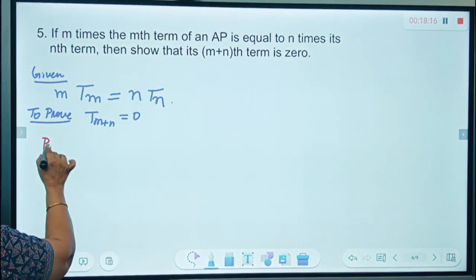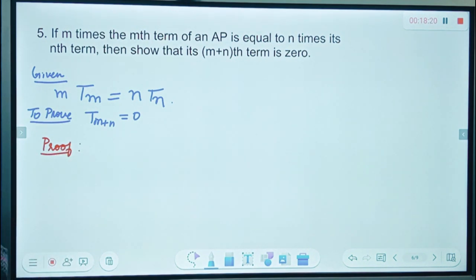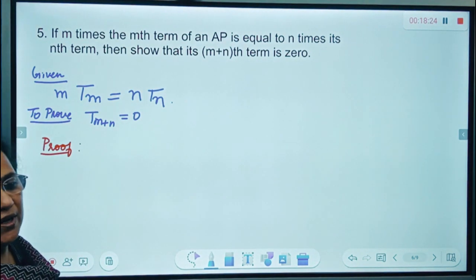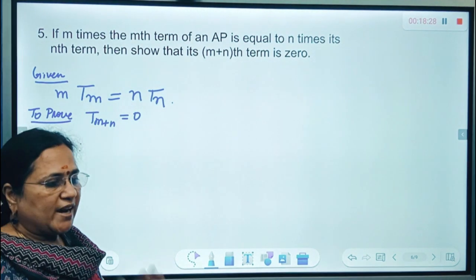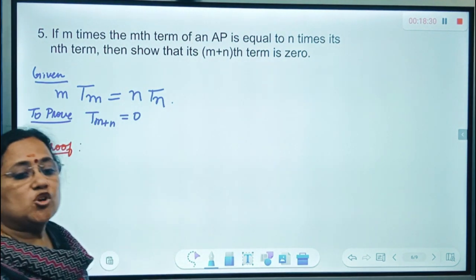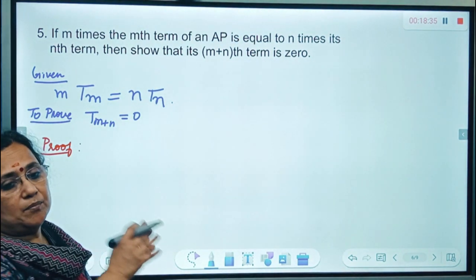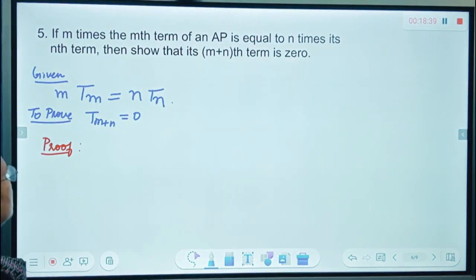I always keep repeating that proof is nothing but a connector between what is given and what we need to find. With a given knowledge about the concept, you must identify what is given. You must also know what is to be found. How can you relate them using the mathematical concept? That is what mathematical problem solving is all about.